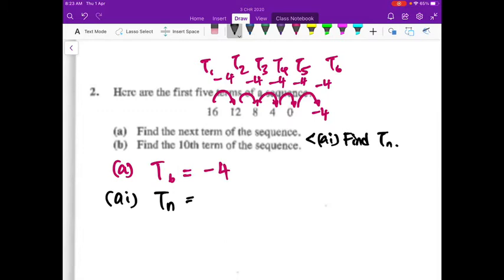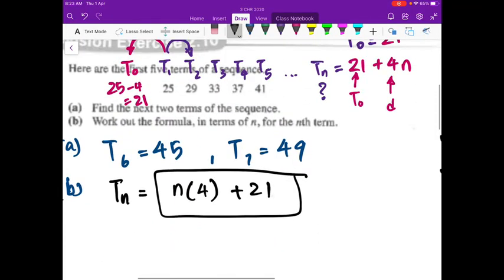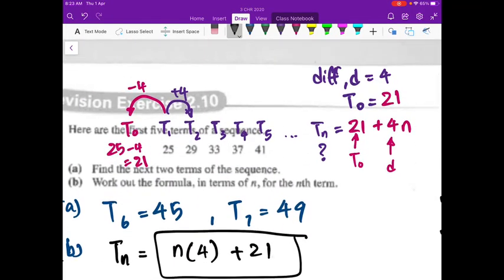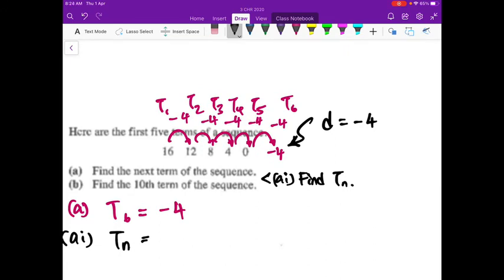Now in this case, the difference is negative. Negative 4. Okay? From the sequence, D equals to negative 4. That is the common difference. It got smaller. Compared to the one on top, it was D equals to positive 4. Because it got bigger and bigger, so D is positive. Whereas in the next case, it got smaller and smaller. Our D is negative now.